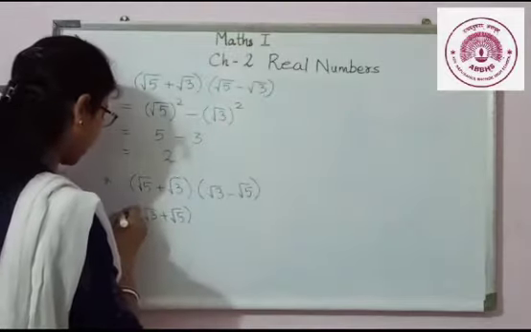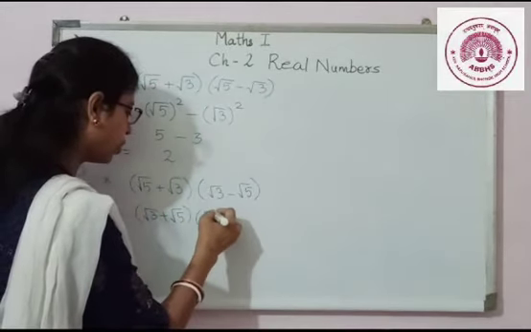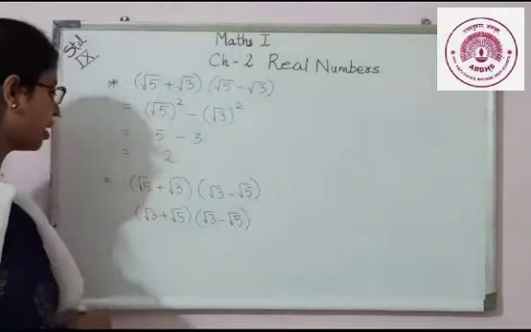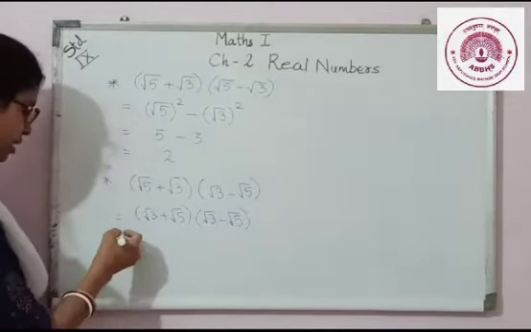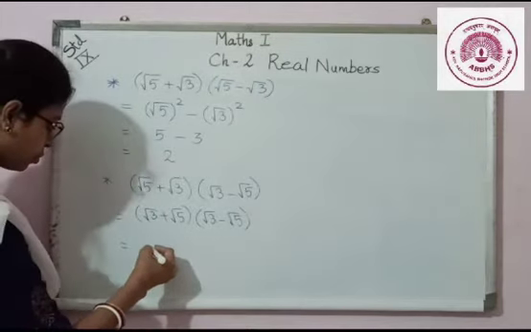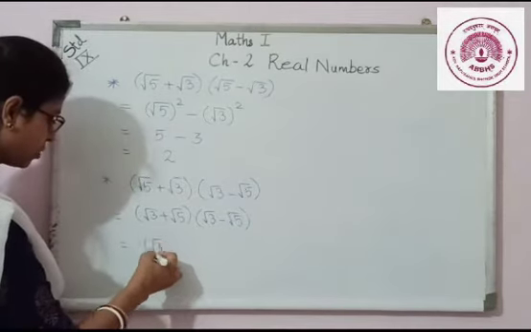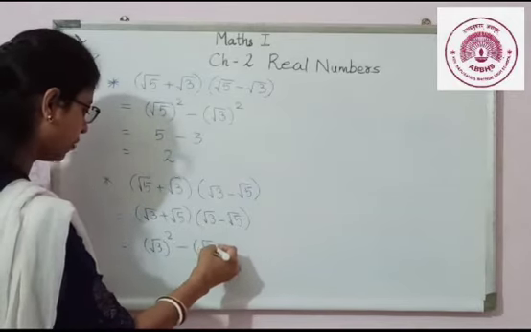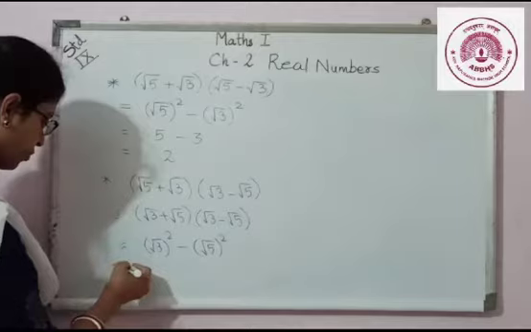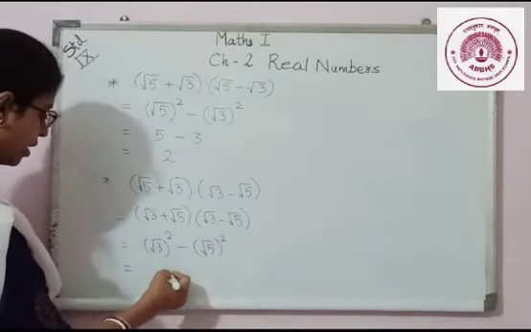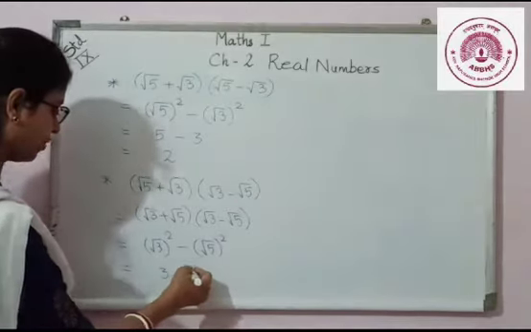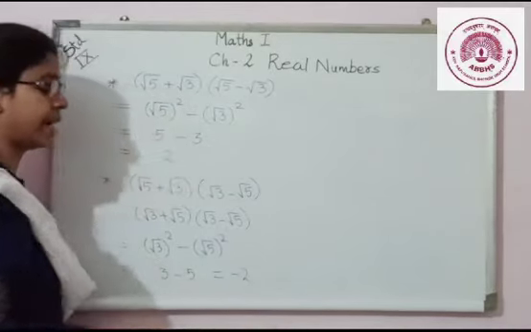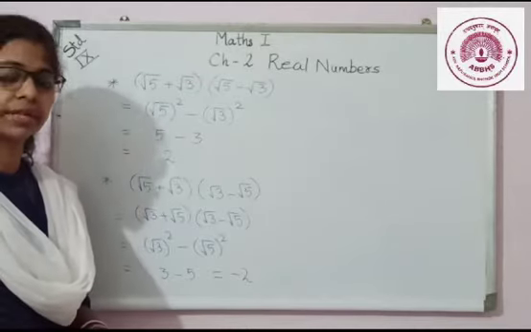Now let's multiply this with root 3 minus root 5. Here again we can apply the same identity. So root 3 square minus root 5 square, which is equal to 3 minus 5. And 3 minus 5 is negative 2, and negative 2 is a rational number.